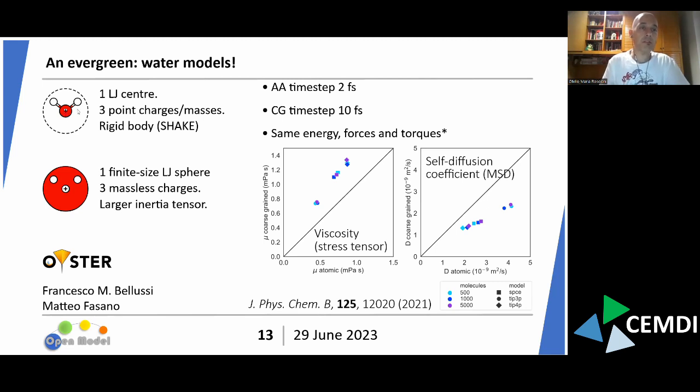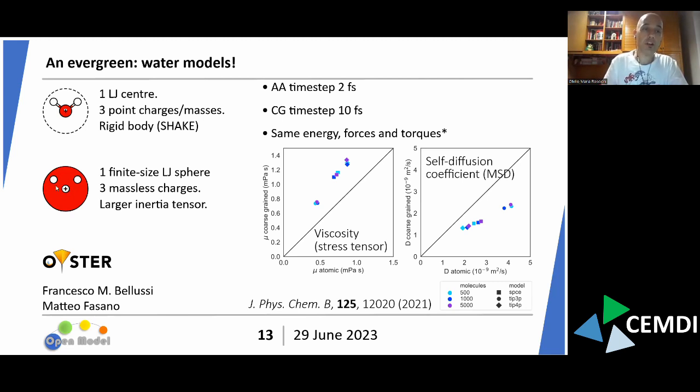In a classic rigid three-body model, we have 3 particles, like 3-point masses with charges, and typically 1 Lennard-Jones potential centered on the oxygen. And in the coarse grain model, we have a single particle, which is a finite size sphere, described with the same Lennard-Jones potential.